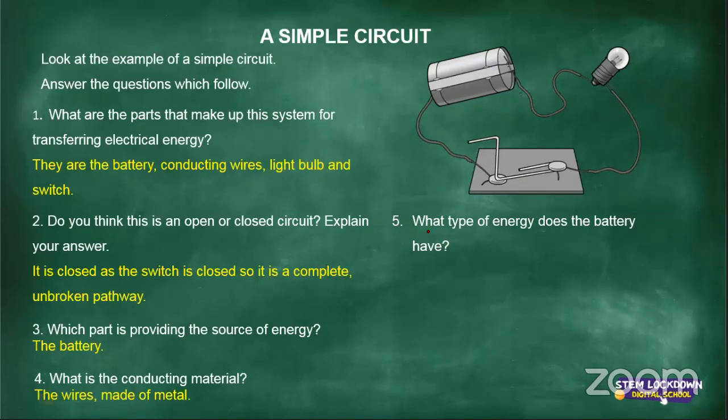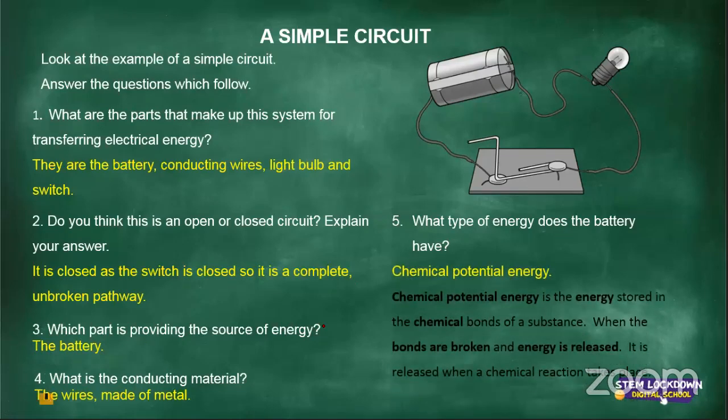Okay, no. Okay. So what type of energy does the battery have? So we'll say it has chemical potential energy. So chemical potential energy means that inside the battery, you have the chemical components. And chemical potential energy is the energy stored in chemical bonds of a substance.